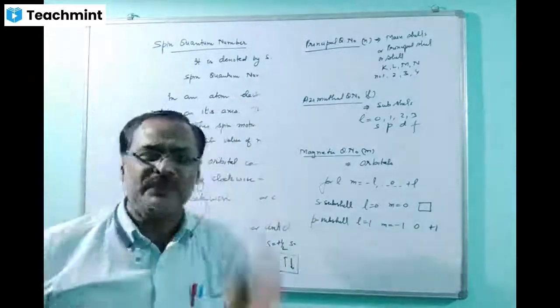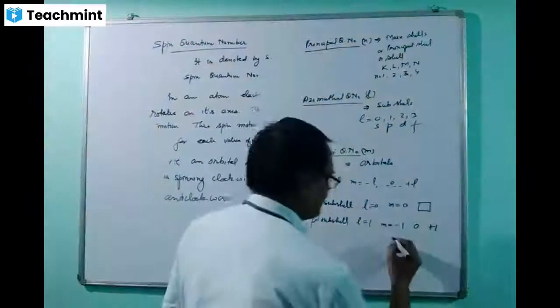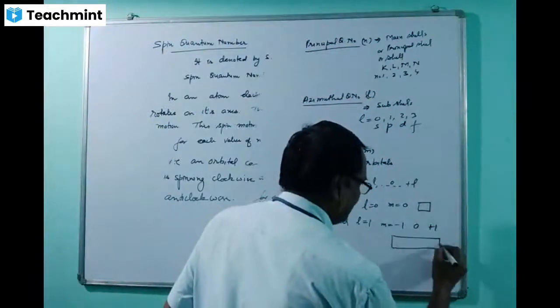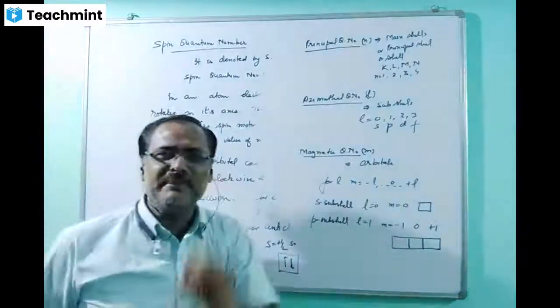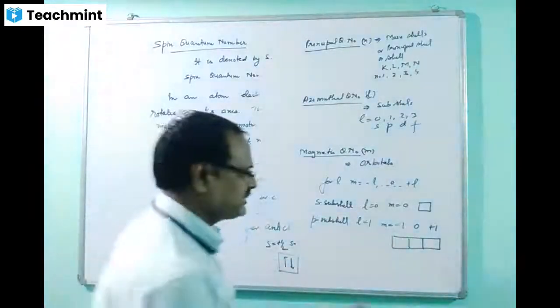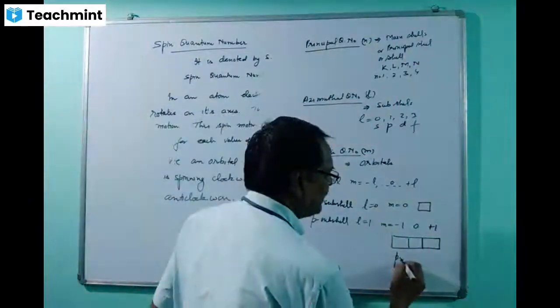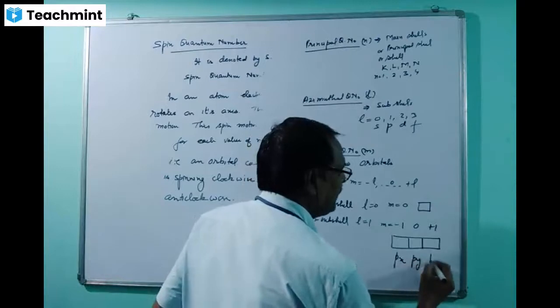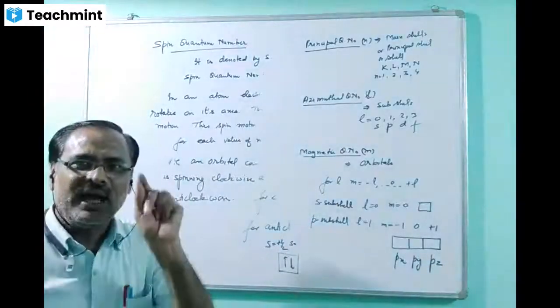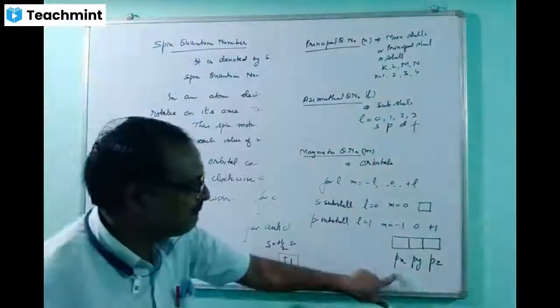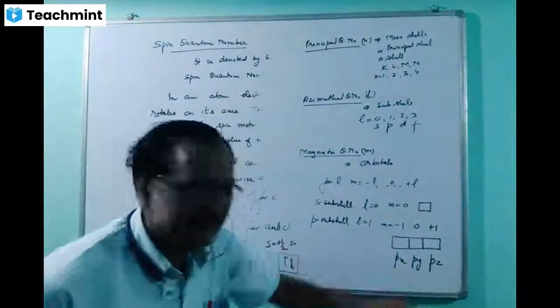I will make 3 boxes here. You must be thinking, what is the name of those orbitals? Just learn this: Px, Py, Pz. These 3 orbitals are Px, Py, Pz.